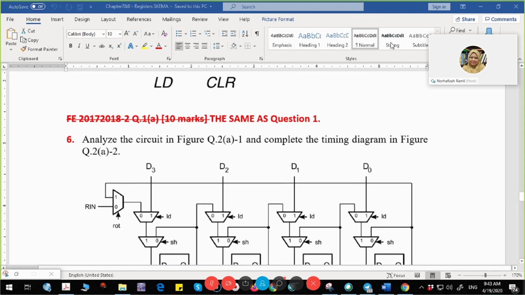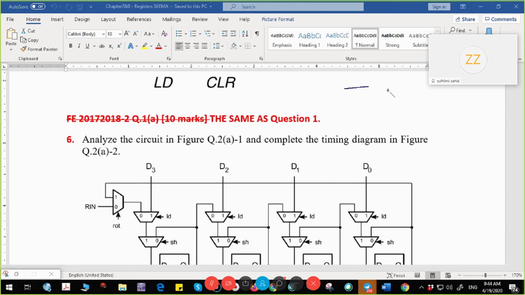But the minute the ROT is 1, that means, let's see, where is my annotation? My hand is not steady. Who can draw? I want to show the function actually.